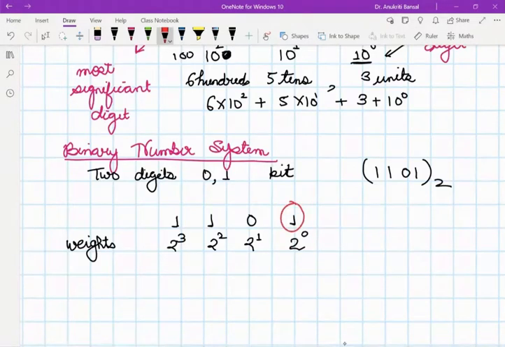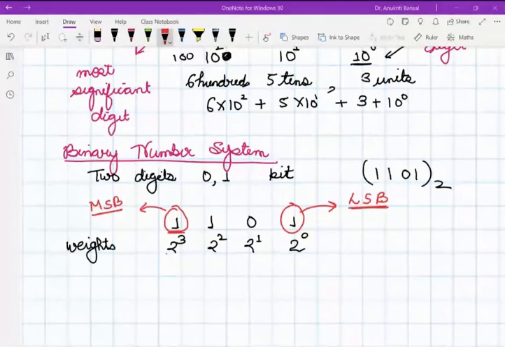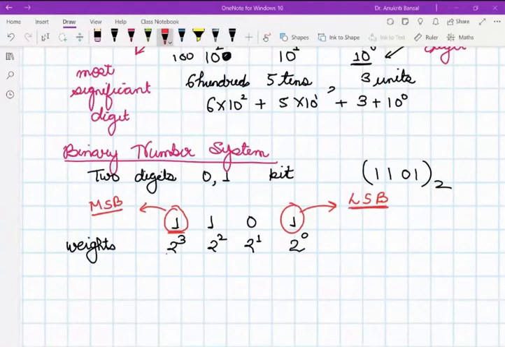In the binary number system, we call it the least significant bit. This bit has the highest weight associated with it, so this is called the most significant bit. Is this clear so far? Yes, ma'am.